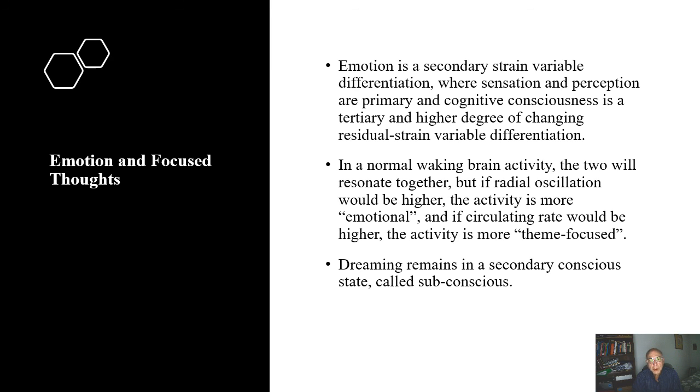So again, the difference between thoughts and feelings is that thoughts have more theme and weaker emotion content, but reverse to that, emotions have less theme factor and more radial submission factor.